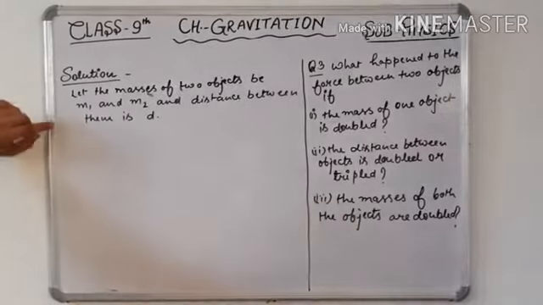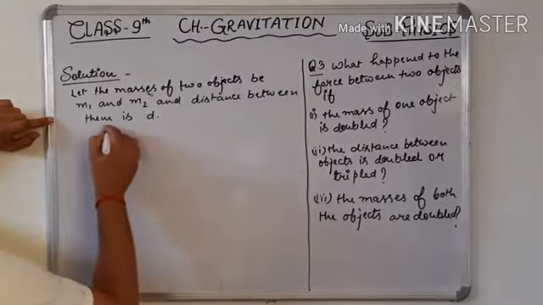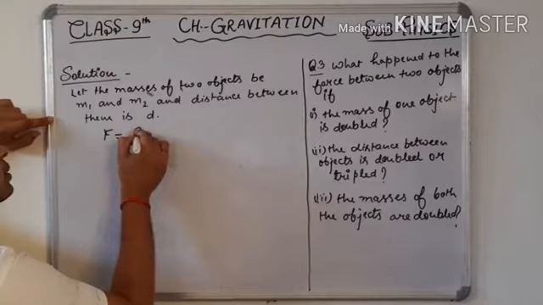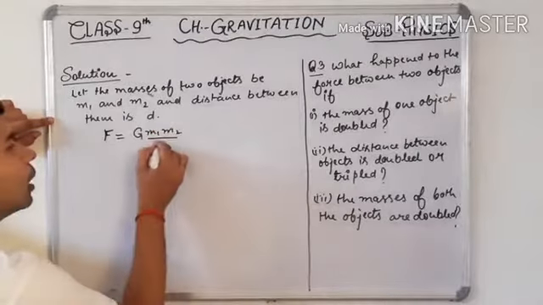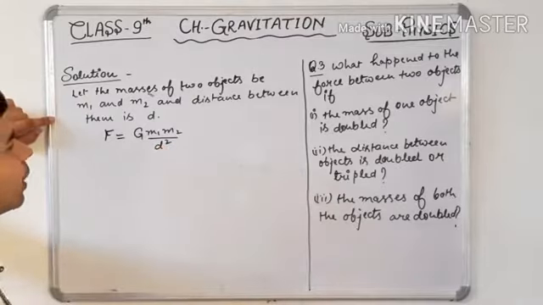Okay, now we have the formula F equals G m1 m2 upon d square.